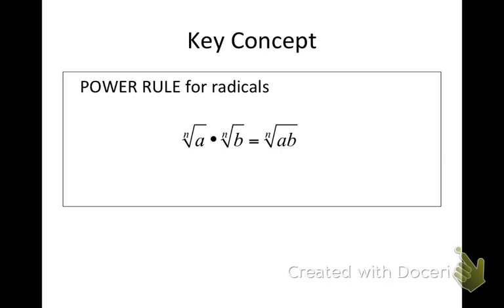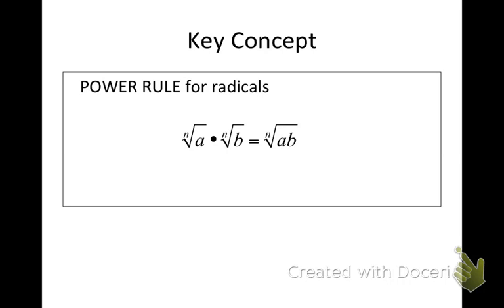So if you have the nth root of A, and you're multiplying it by the nth root of B, then you can multiply the numbers underneath the radical, also known as the radicands, together, and make it become the nth root of whatever A times B is. Okay? And again, you can only use the product rule when you are multiplying like indexes. So your index needs to be the same.